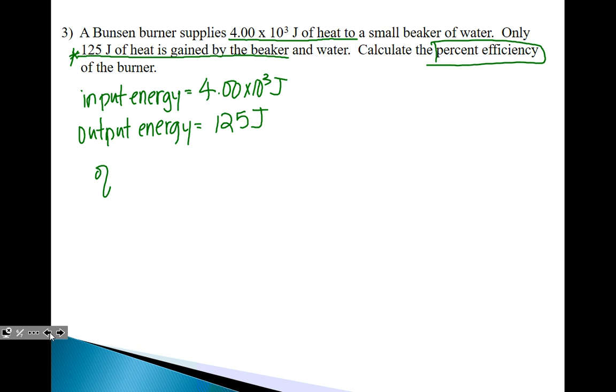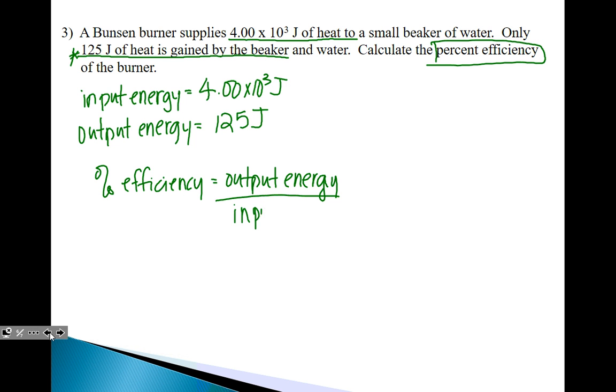So percent efficiency is equal to output energy divided by input energy times 100.